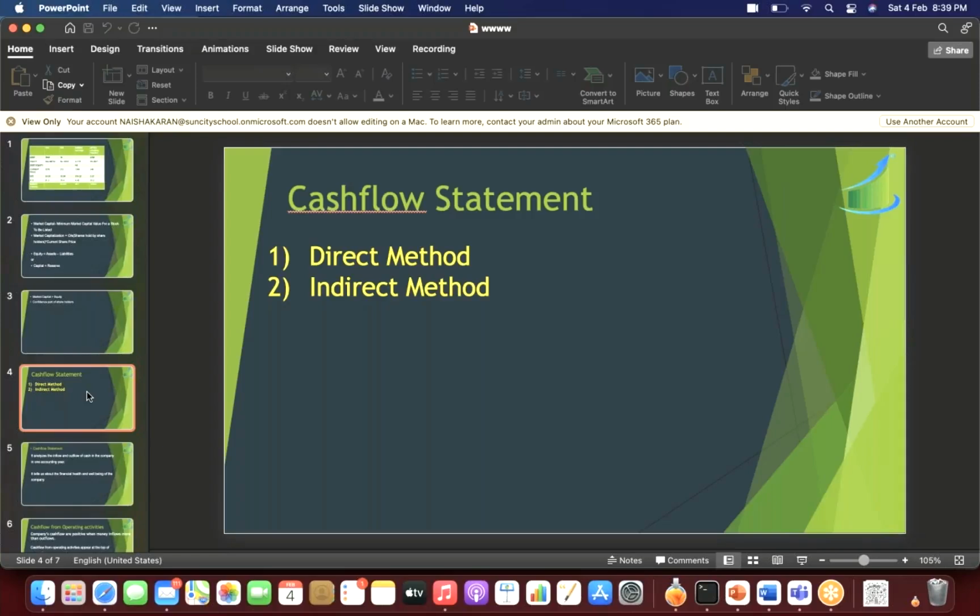Now, if this part is clear, I would request all of you to please write it in the chat box so that I can move to the next topic, which is necessary for you to analyze, which is known as cash flow statement.